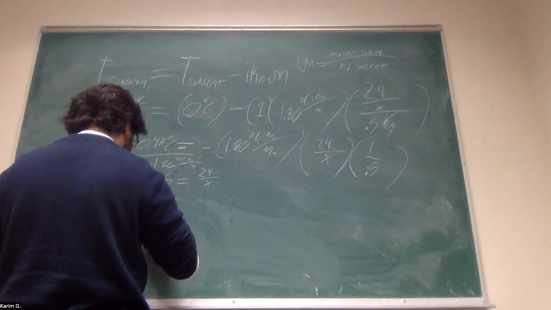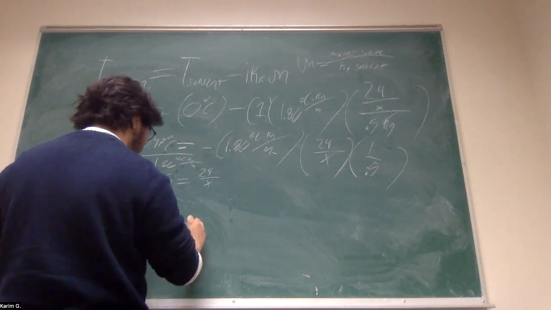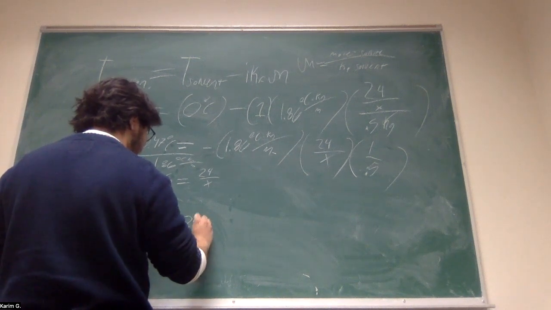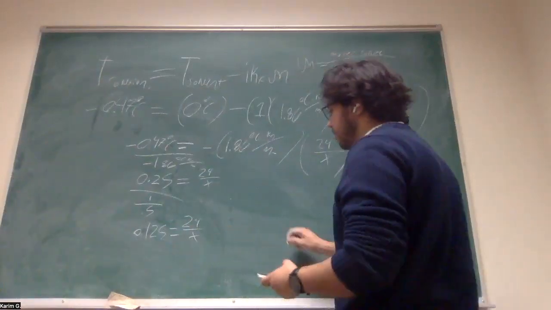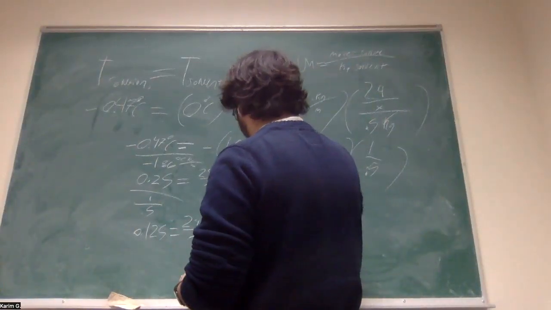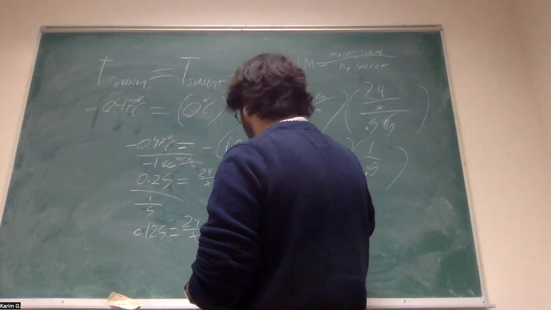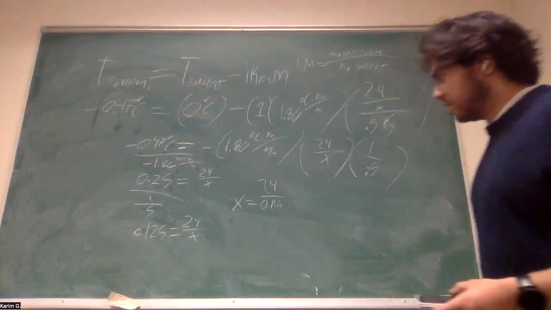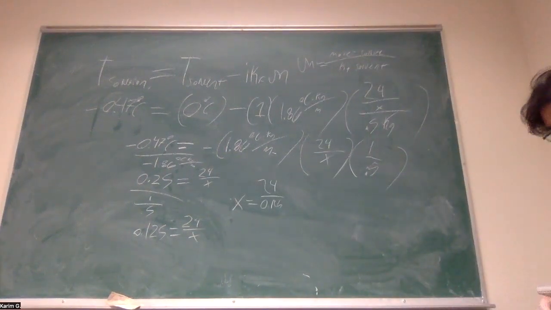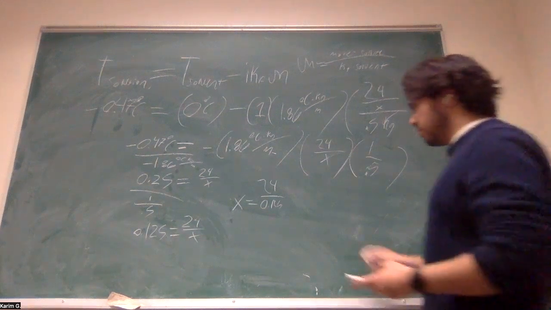Sorry if I'm going over this kind of quickly, just because it's the same thing as the last problem. And then x would equal 24 over 0.125. So that's 24 divided by 0.125, which is 192.